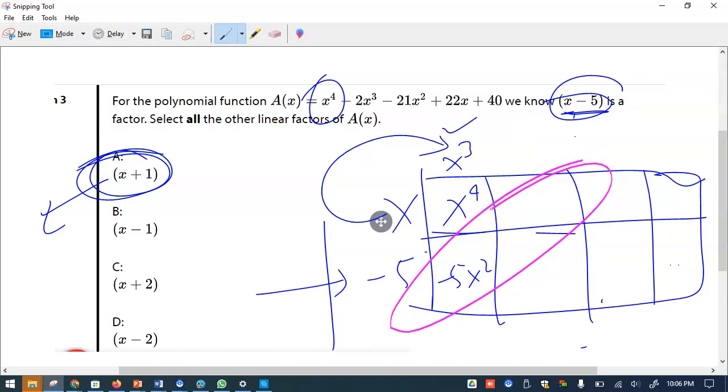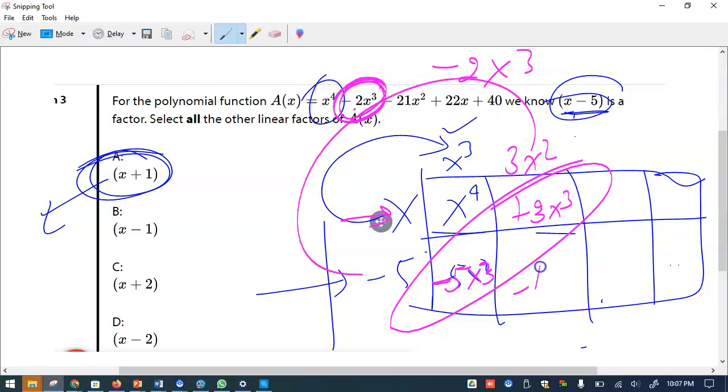There's a minus 5x squared right here, so what adds to it? You're supposed to get minus 2x cubed, and then minus 5, so it has to be plus 3x cubed. Then you ask what multiplies x to get 3x squared. That's so much work, so we are not going to do all this.